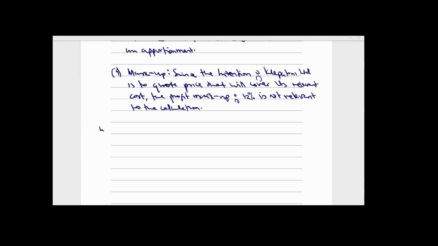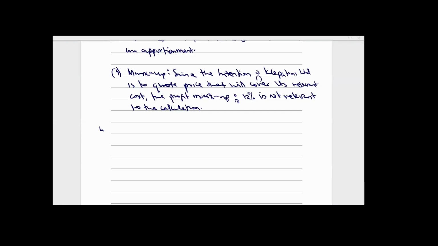Now, examiner is asking you to explain two reasons why relevant costing may not be suitable in the longer term. This is very key because the primary objective of any company is to make profits. All right, you are in business to make profit, not to break even all the time.